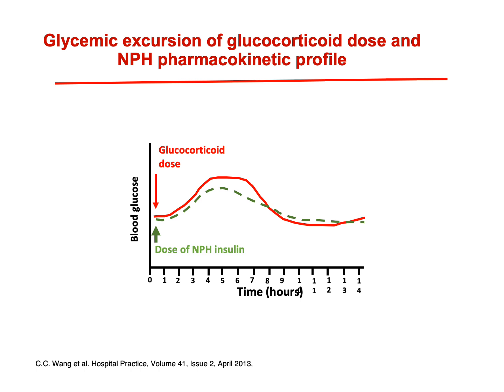The NPH insulin may be added to the patient's existing glucose-lowering regimen and continued until the glucocorticoid is discontinued. This method of dosing allows the effect of the NPH insulin dose to wear off as the hyperglycemic effect of the glucocorticoid dissipates, and therefore minimizes the risk of hypoglycemia for the patient.